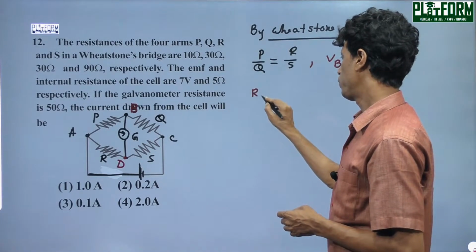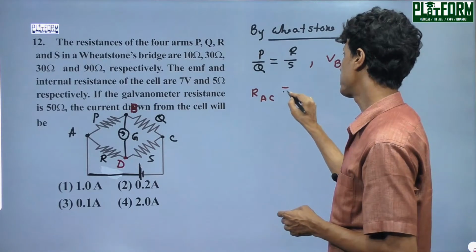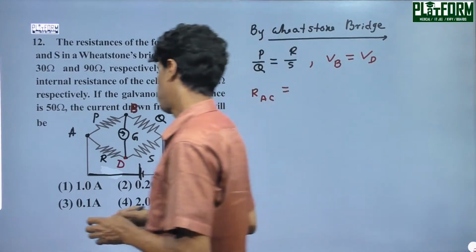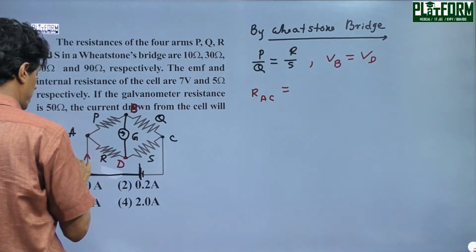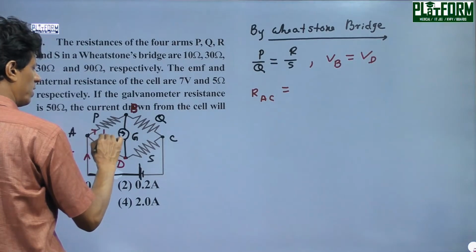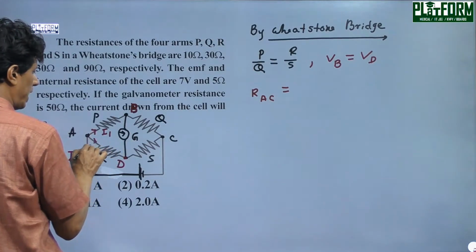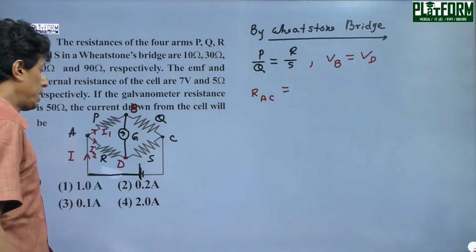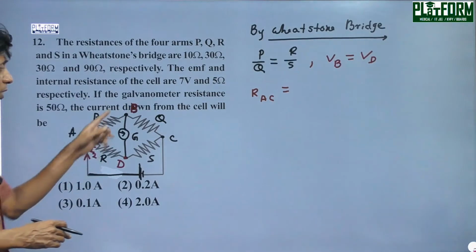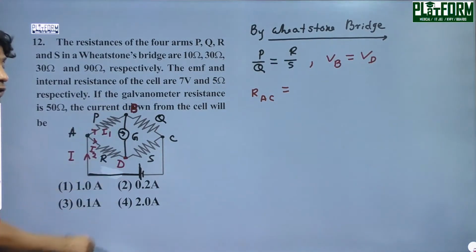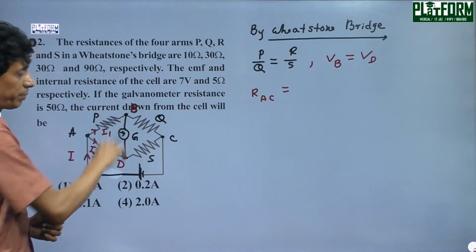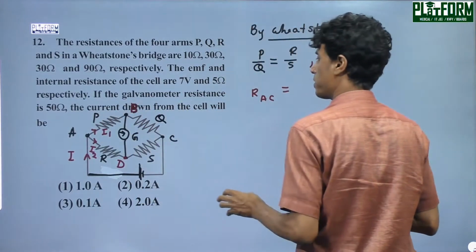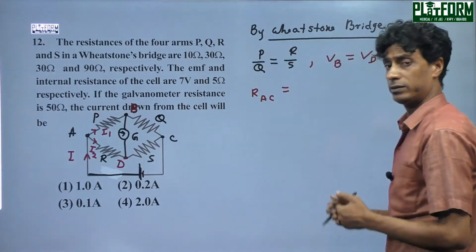So R equivalent, RAC equal to, current divides into two parts. It is I, through PQ I1 and through RS is I2, and same current passing through P and Q and same current passing through R and S. No current passes through the galvanometer, that is through the branch B and D. So P and Q are in series combination, R and S are in series combination.